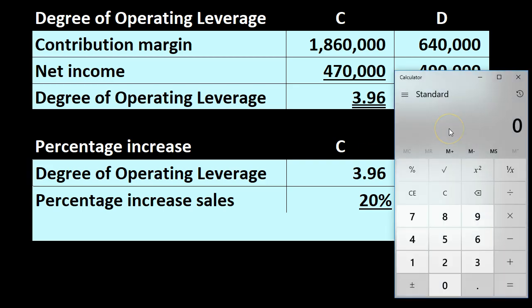So we can say, all right, well, if there's a 3.96 degree of operating leverage times 0.2, then we've got about 79.2%. And again, there's rounding in these numbers, so be aware of that.